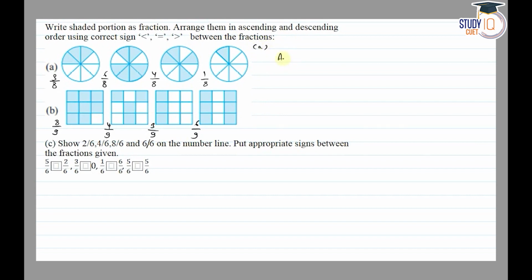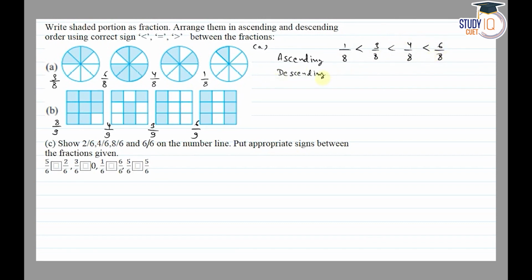So part A will be ascending, then descending. Ascending means we have to arrange in increasing sequence, so first the smaller and then the bigger number we will write. First 1 by 8 is less than 3 by 8 is less than 4 by 8 is less than 6 by 8.